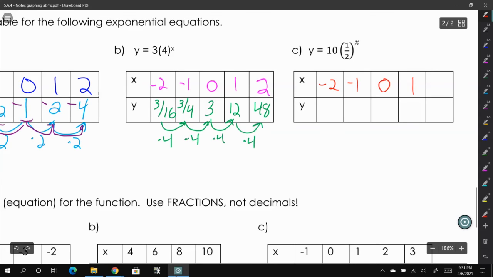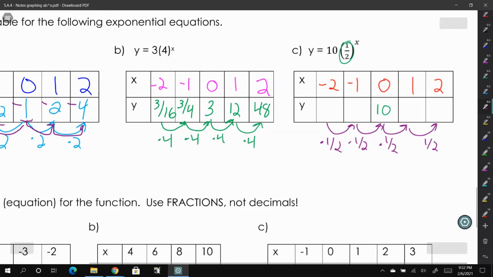we have this one. We plug in 0 for x, we'll have 0, 10. But then our growth rate is 1/2. So we are multiplying by 1/2 each time. Times 1/2, times 1/2. 10 times 1/2 is 5. 5 times 1/2 is 5 over 2.